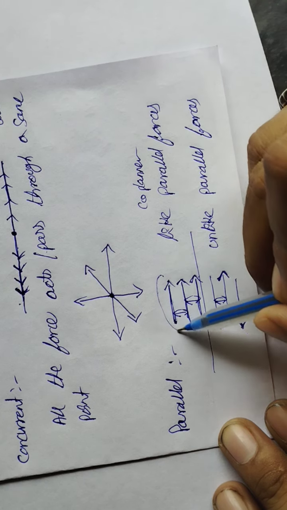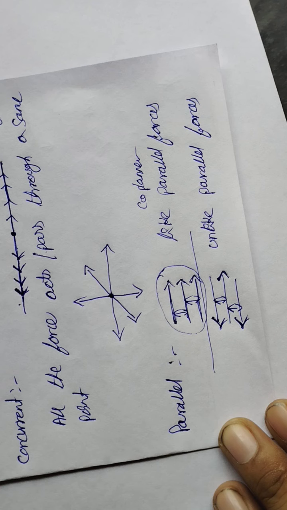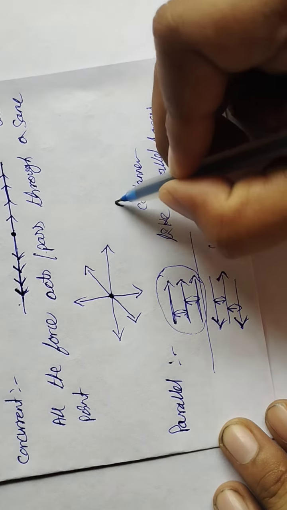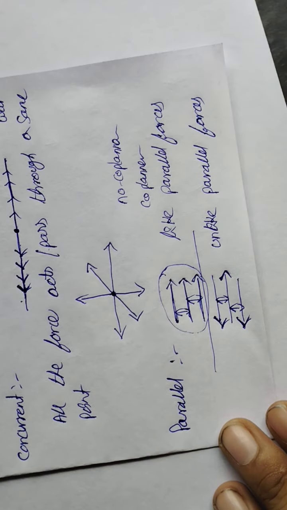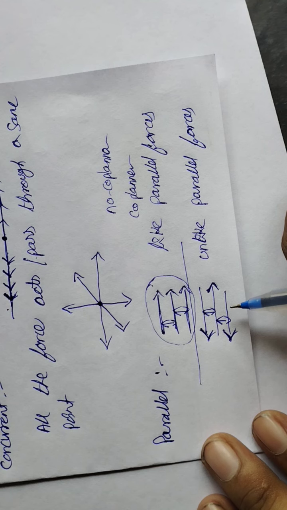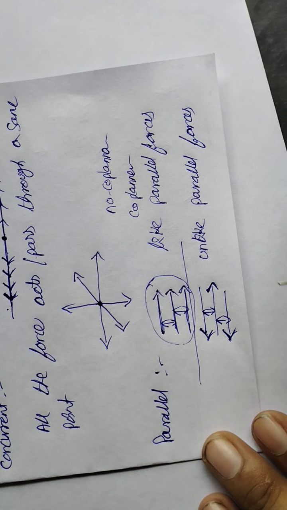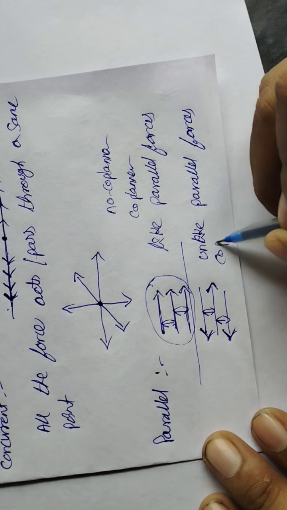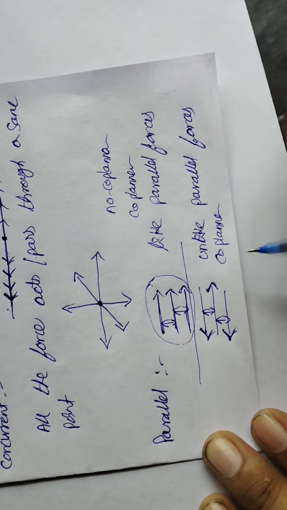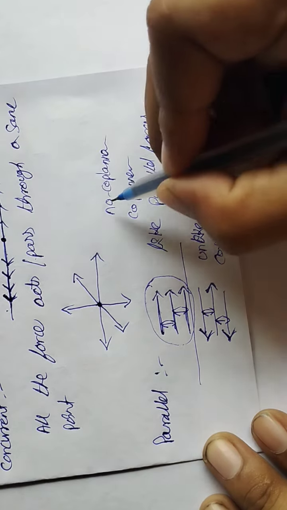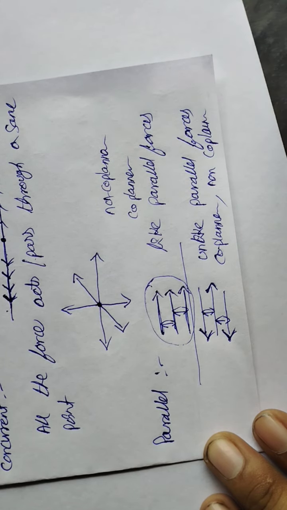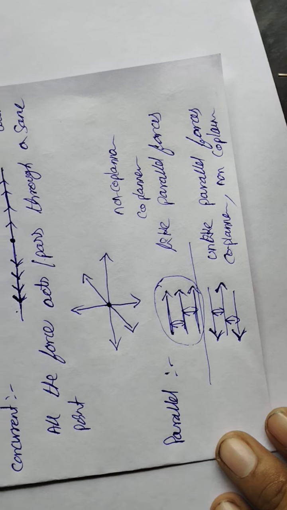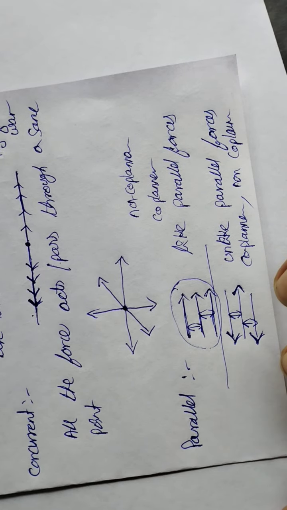If they do not lie in the same plane, then they are called non-coplanar like parallel forces. Similarly, if unlike parallel forces are in the same plane, they are called coplanar unlike parallel forces, and if they do not lie in the same plane, they are called non-coplanar unlike parallel forces. That is about parallel forces.